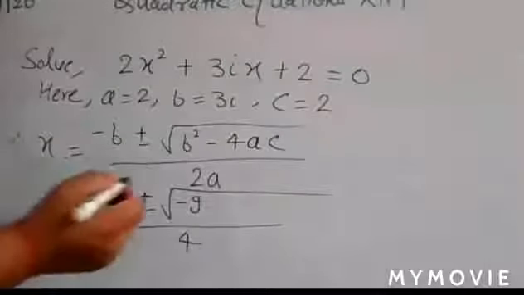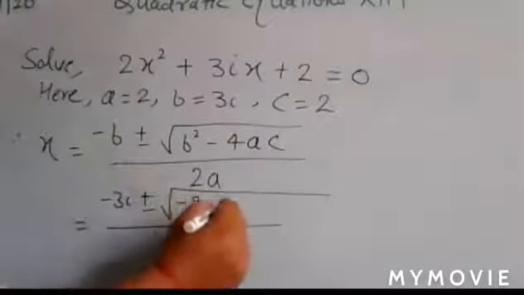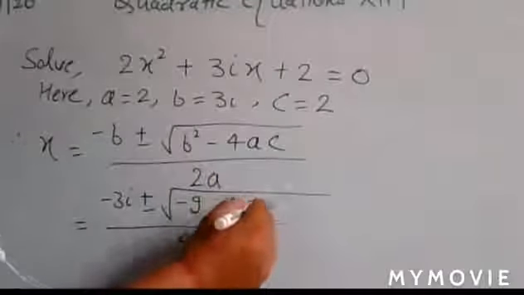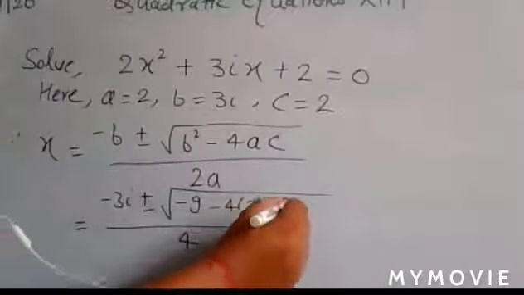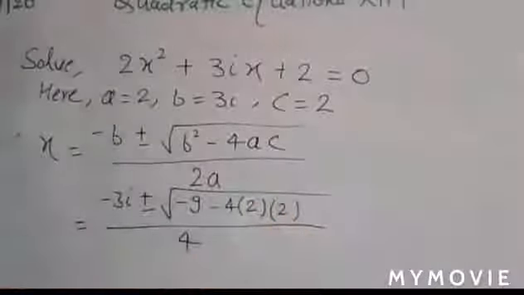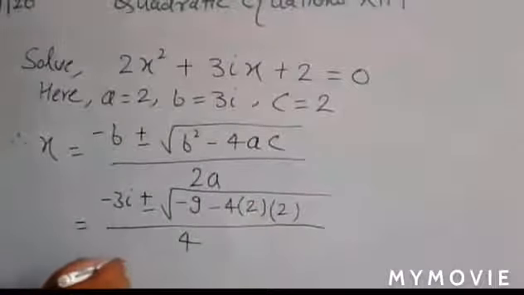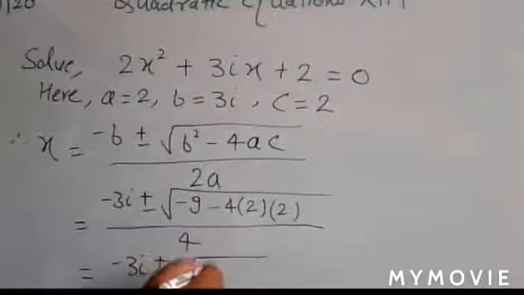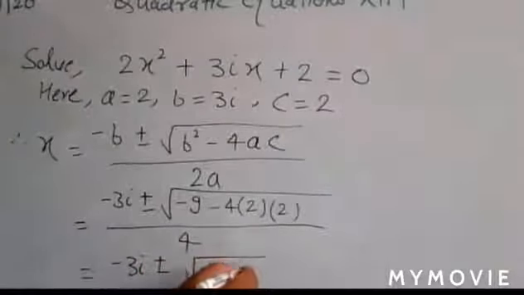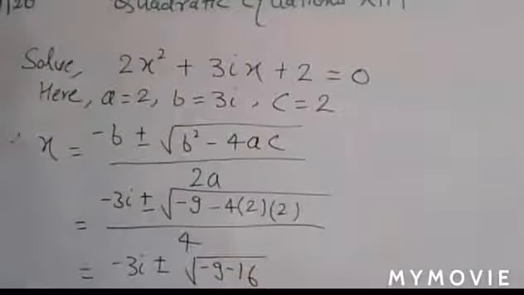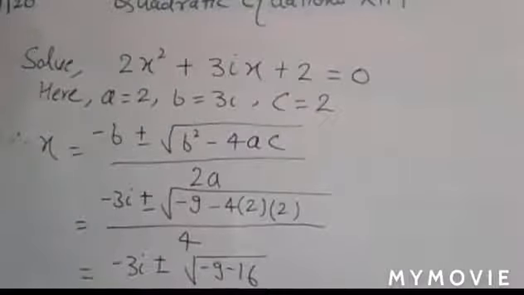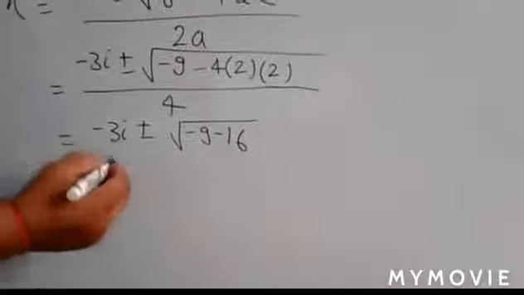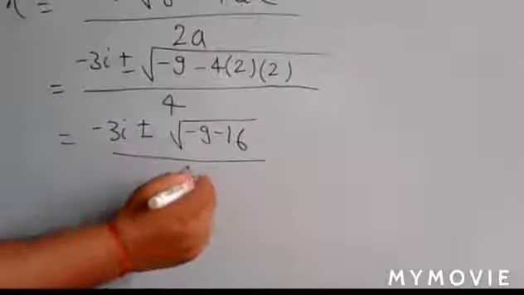That can be written as minus 9 minus 4 into the value of a, 2, and c is also 2. Understand? So here you have minus 3i plus minus root of minus 9 minus 16. So that is minus 25, and whole divided by 4.